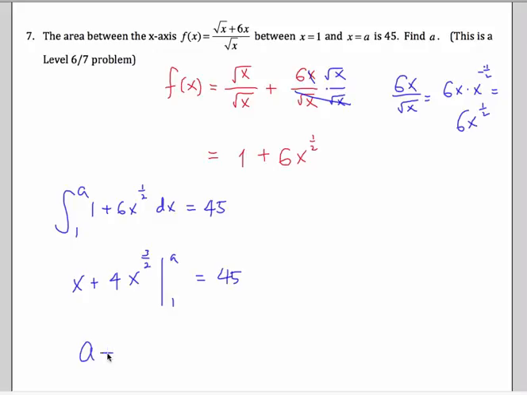And then a plus 4a to the 3 over 2 minus 1 plus 4 is 45.